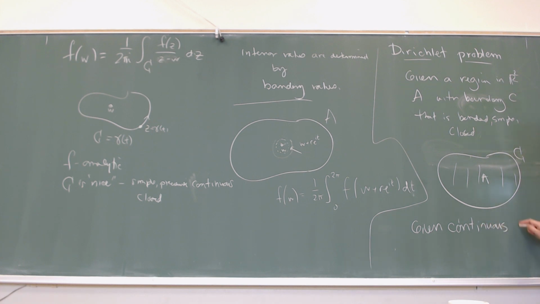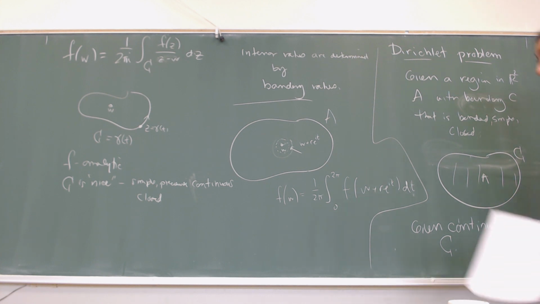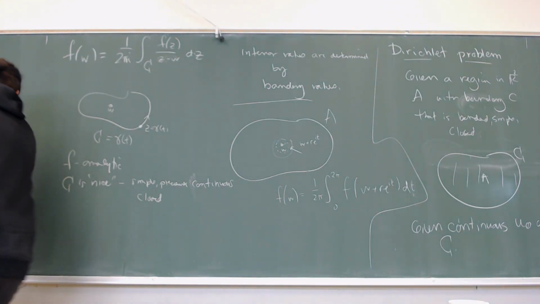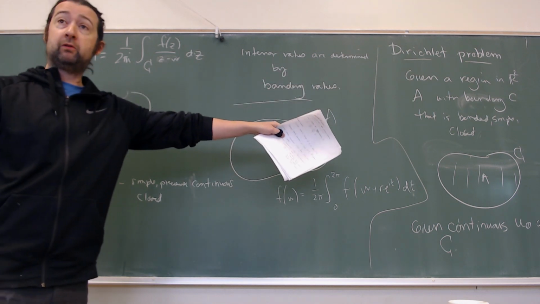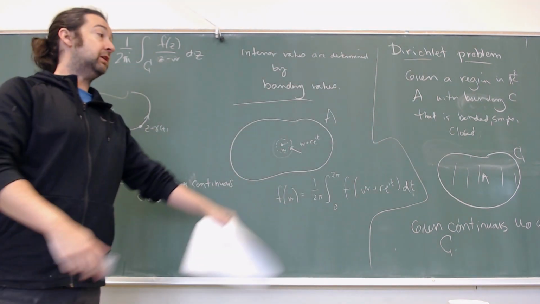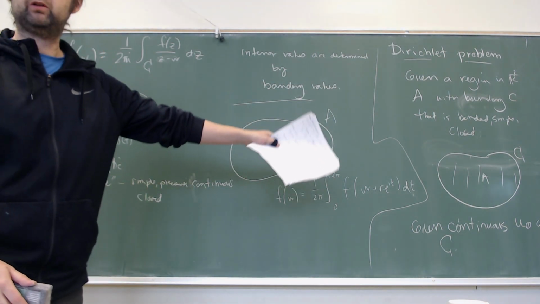A continuous function u, we'll even call it u naught on C. So that's the thing you're given. That's essentially I'm saying I tell you what the values of some function are on C. So that's known. So you know the boundary values everywhere. So this is all given. Find a harmonic function on A that extends to the boundary by continuity, that agrees with the given function on the boundary.